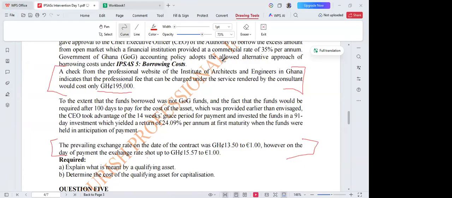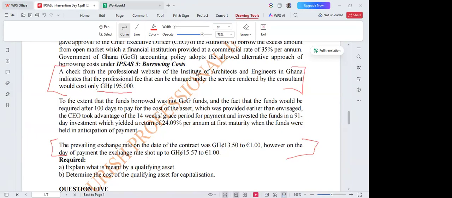So we use the 15.57 to €1 to determine the cost that we are owing, and there will be an exchange difference that will affect us, because we didn't pay on the date of the contract, but we are paying on the date we have the payment exchange rate. That's how I understand it. Okay, that's fine.